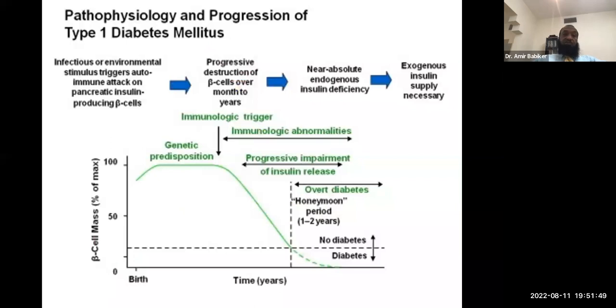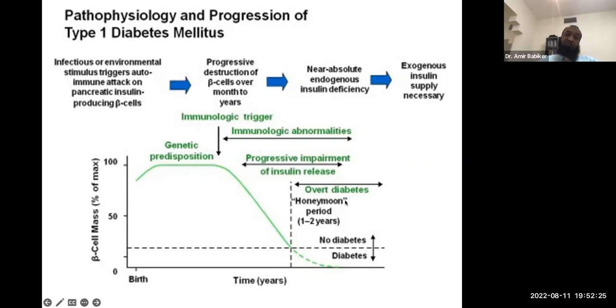So the progression of type 1 diabetes: you have this environmental trigger, and then you have the beta cell mass with the genetic predisposition. You have the progressive destruction of beta cells, and when it reaches a critical stage of about 75% of the beta cell mass destroyed, or slightly more, 85%, then you have a little bit remaining of the beta cells, and this will make the patient a patient of frank diabetes.